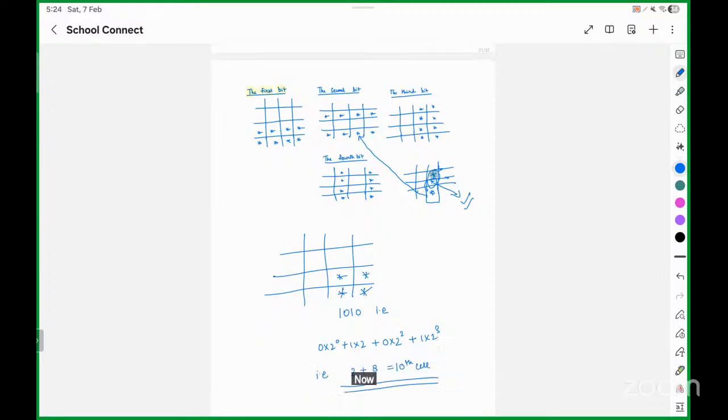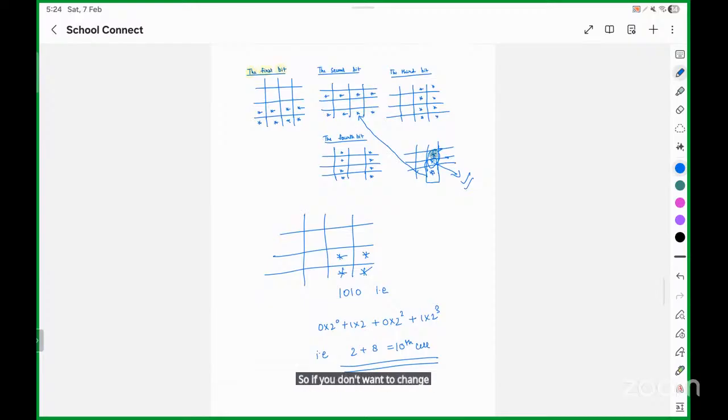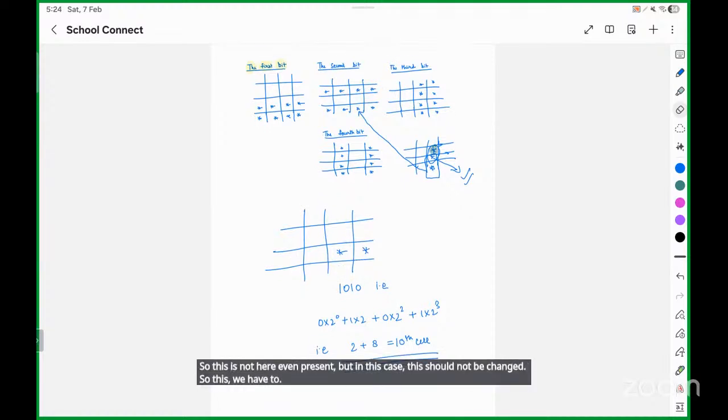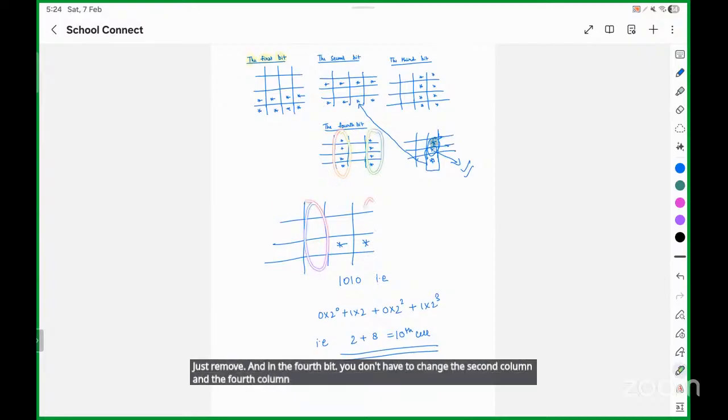Now you don't want to change the second bit and the fourth bit. If you don't want to change the second bit, this should not be changed, so this is not even present here. In the fourth bit, you don't have to change the second column and the fourth column. The second column is not there, but the fourth column is there, so you have to remove it.